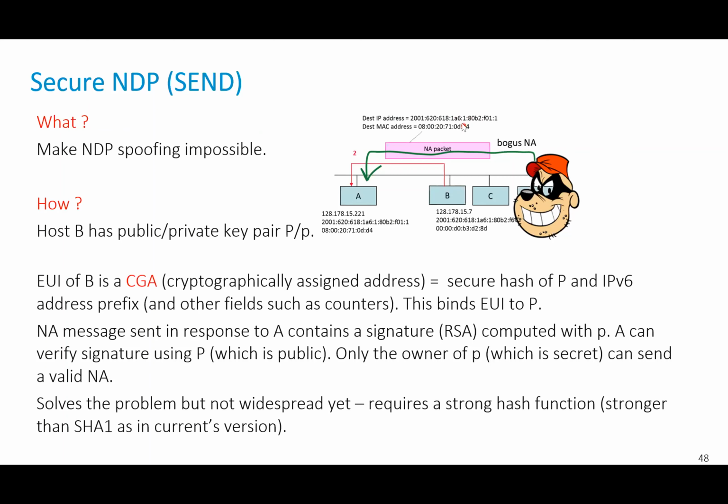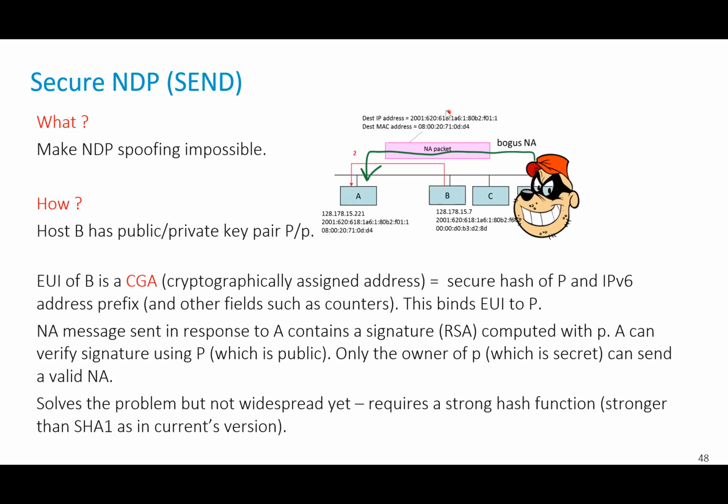The prefix is completely known, so there is no secret about it. If I am in this subnet, I know the subnet prefix. Even the bad guy knows, everybody knows it, it's completely public if you are in this subnet. So there is no point protecting it.